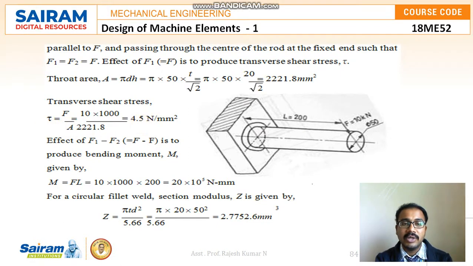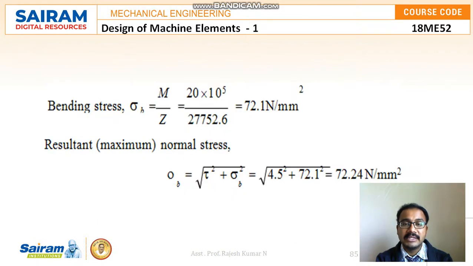Now the effect of F1 minus F2, that is F minus F, is to produce a bending moment M, which is given by M is equal to F into e, that is 10 into 1000 into 200, that is 20 into 10 power 5 newton mm. For a circular fillet weld, section modulus Z is given by pi t d square divided by 5.66. That is pi into 20 into 50 square divided by 5.66, which is 27752.6 mm cube, the section modulus.